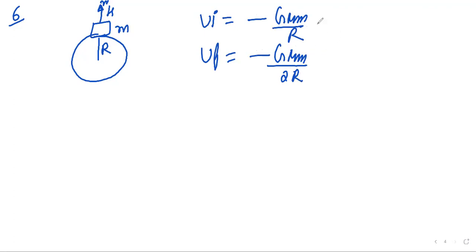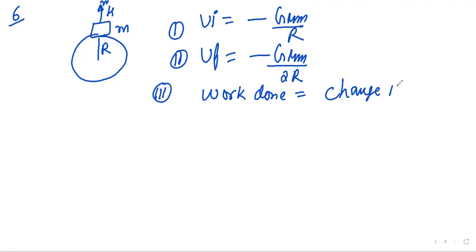Right? So the work done is the change in potential energy. So we know that relation also. So the relation is work done is equal to change in potential energy. Work is equal to UF minus UI. So please solve it down.